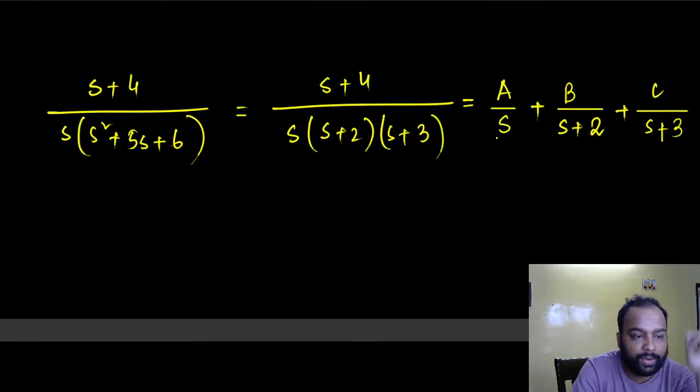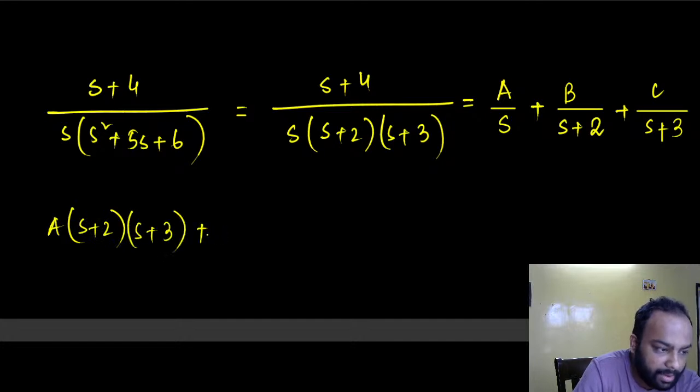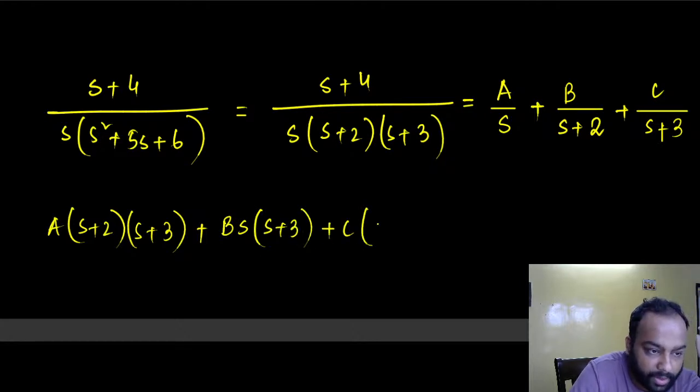All right, so what we do is try to sum these up. If we sum these up, on the denominator we have the same term, but on the numerator I would have A into s plus 2 into s plus 3, plus B into s plus 3, plus C into s into s plus 2.